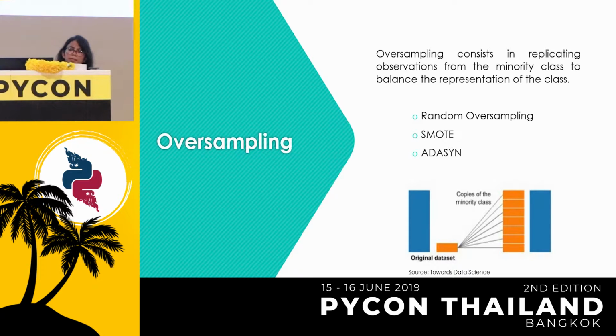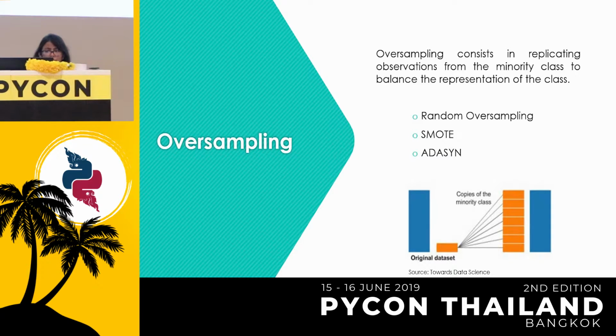This means that we are going to increase the minority class to make a more balanced data set, and with this the model will have an equal amount of data to learn from.